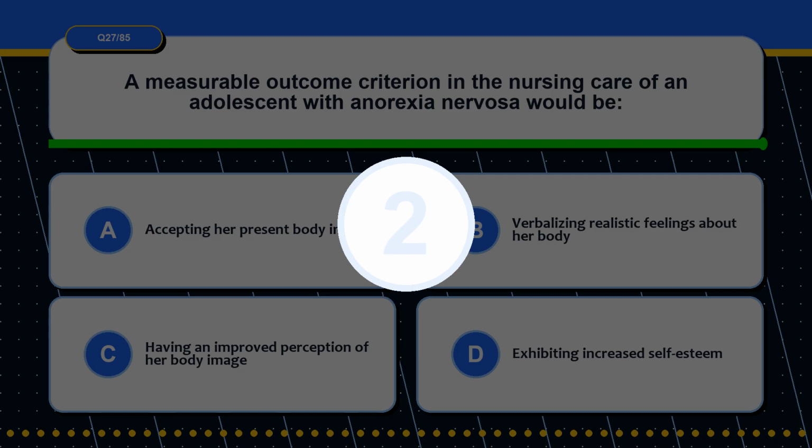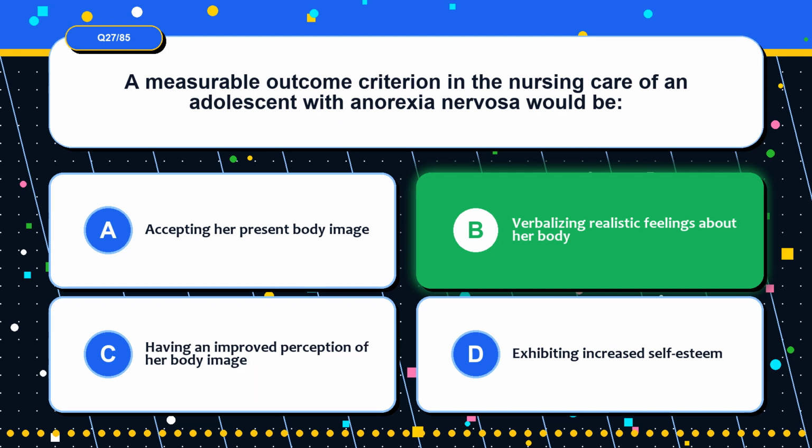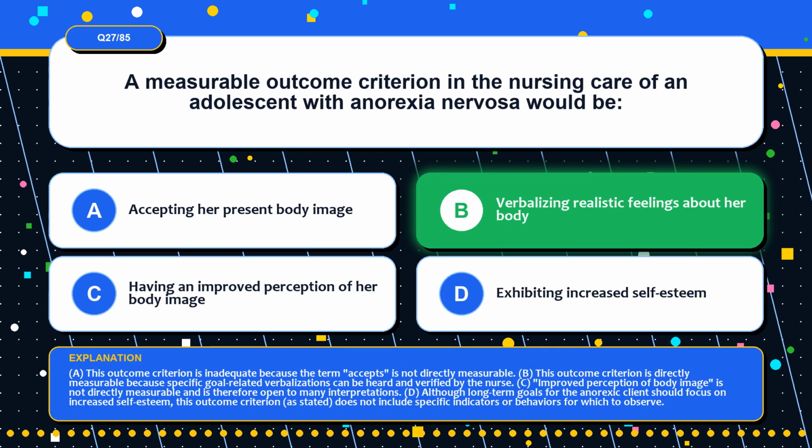The correct answer is option B, verbalizing realistic feelings about her body. A. This outcome criterion is inadequate because the term accepts is not directly measurable. B. This outcome criterion is directly measurable because specific goal-related verbalizations can be heard and verified by the nurse.